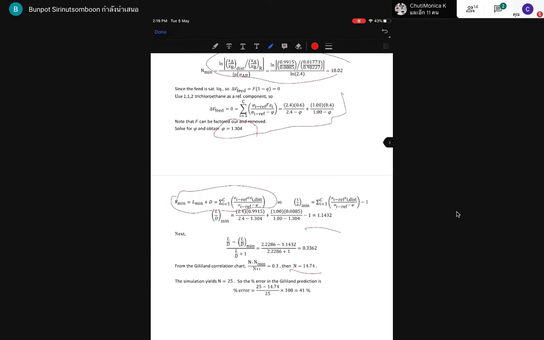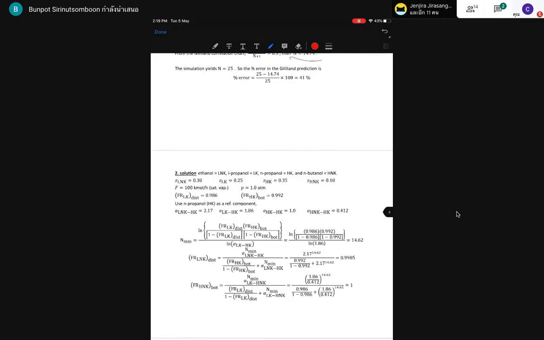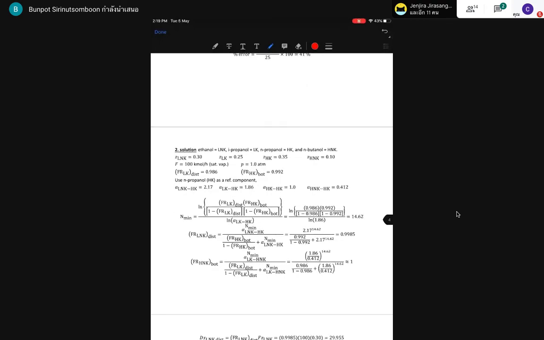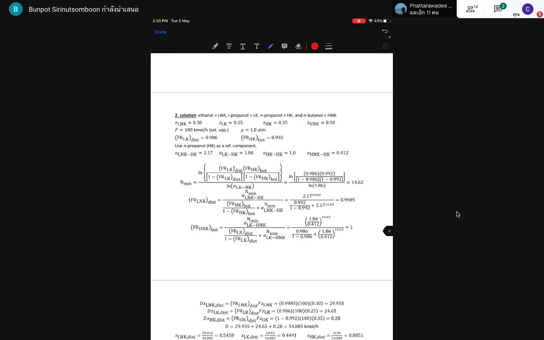And next is the second question. For this second question, they have 4 compounds. So first I use the Fenske equation to find the minimum number of stages, and also to find the actual fractional recovery of the light non-key and the heavy non-key.